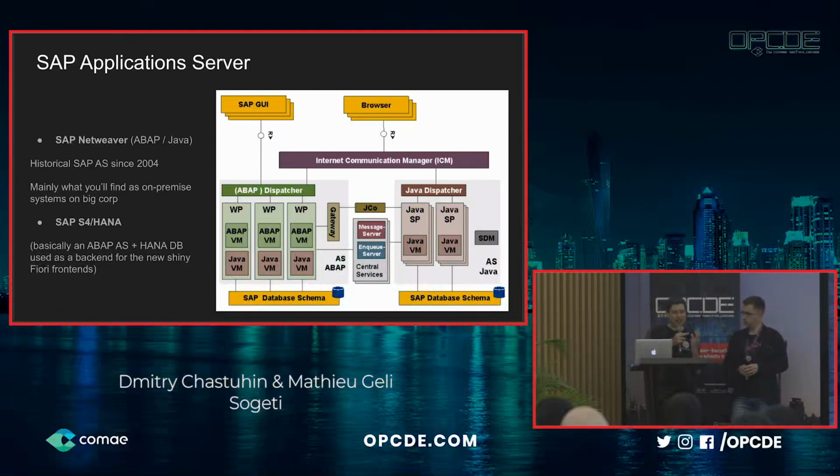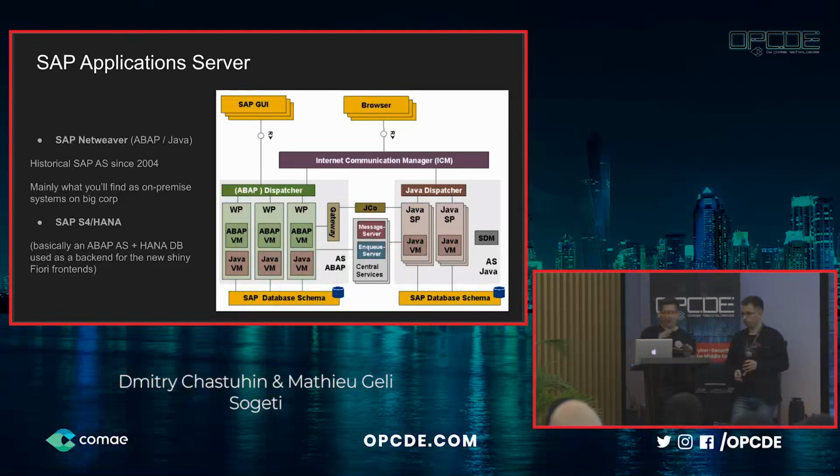It could be an ABAP-based application server that hosts ABAP applications, Java-based, and the modern one is HANA-based. But mainly what you find on premise systems will be SAP ABAP-based systems.